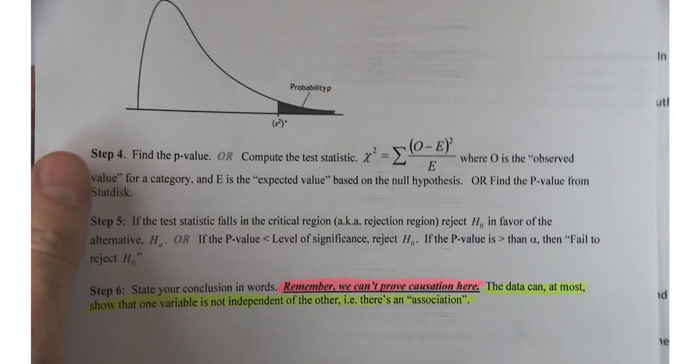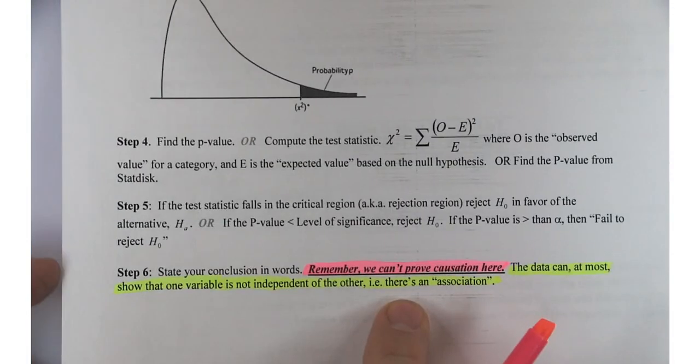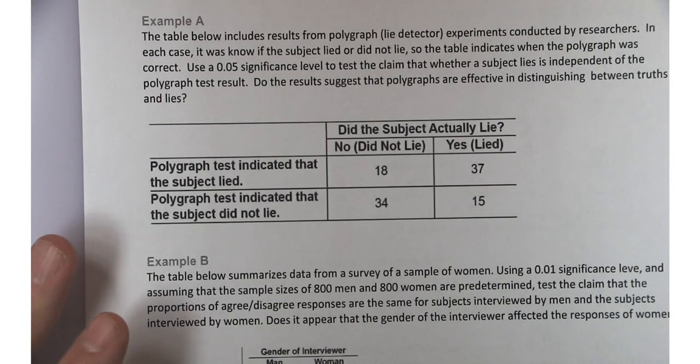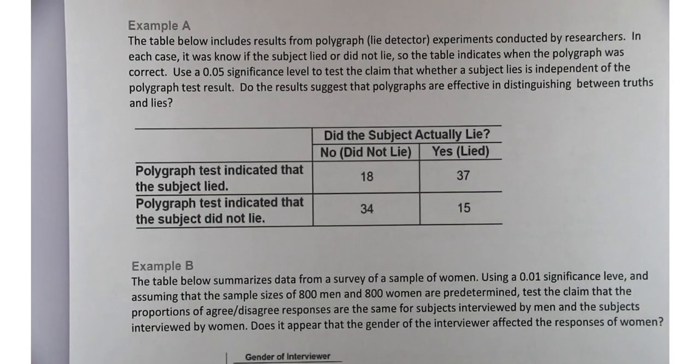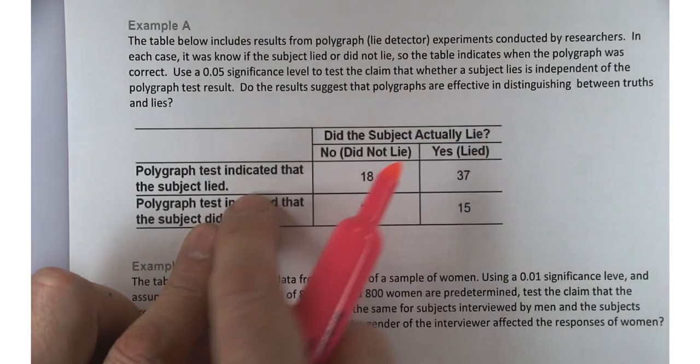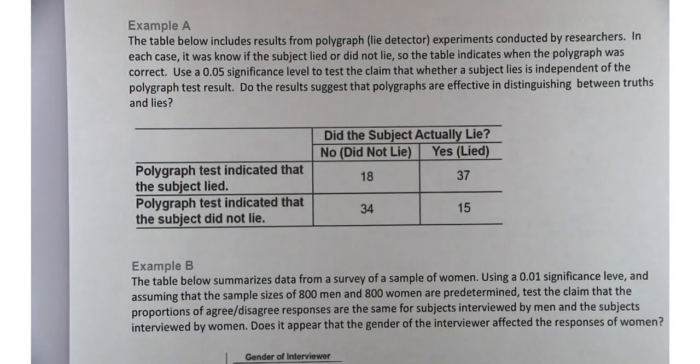So we want to establish a causal relationship. That's going to require more work than what we're going to do here, which is to establish an association. The way this is set up, we assume that these two variables are independent, run a hypothesis test on that, and then based on a p-value, we accept or reject and state our conclusion in words.